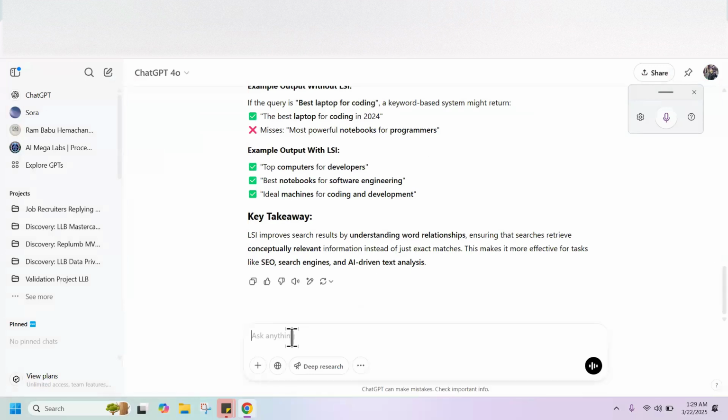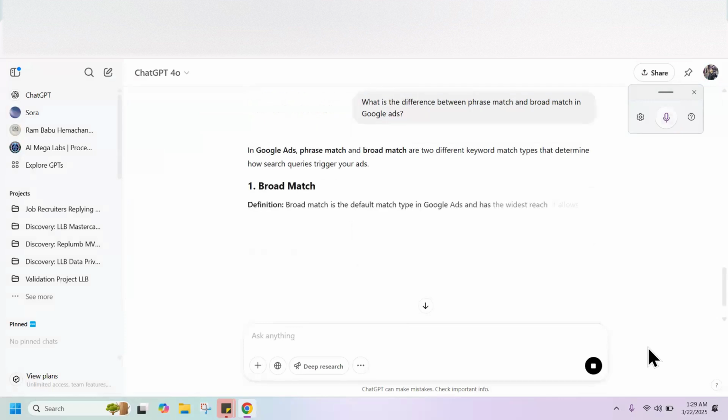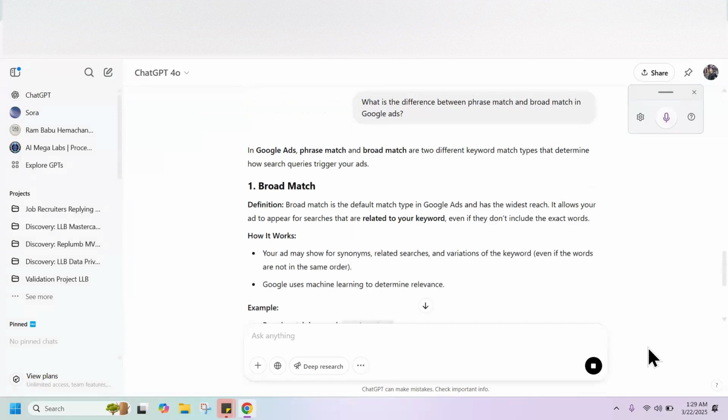We need to know. Broad means super broad. What is the difference between phrase match and broad match in Google Ads? Broad will count every word. Right. And then phrase? Phrase focuses on the meaning, the main meaning.